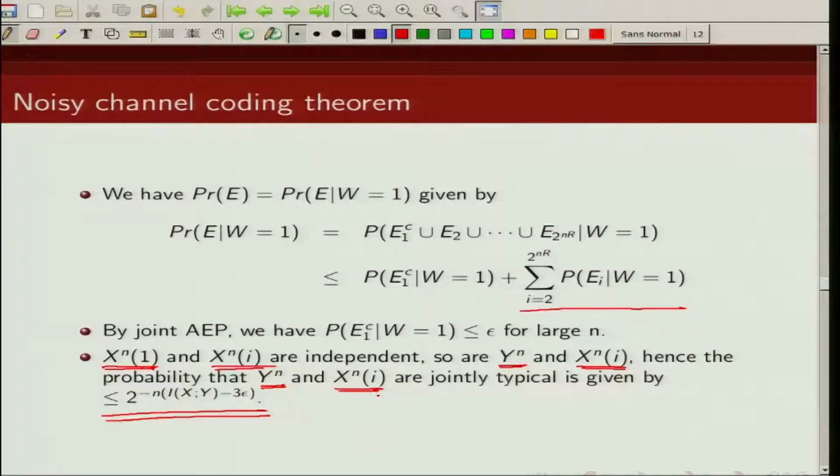This also follows from the property of jointly typical sequences, which we proved in the previous lecture. So when x^n(i) and y^n are independent, the probability that they are jointly typical is upper bounded by this.